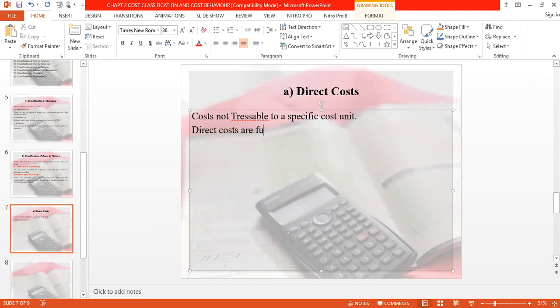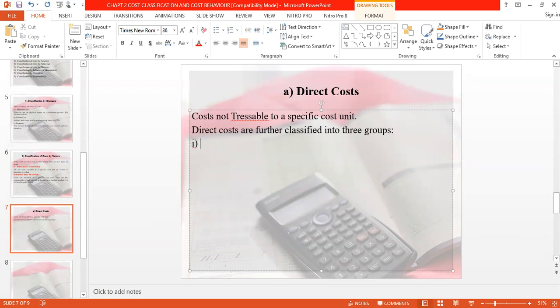Direct costs are further classified into 3 groups.